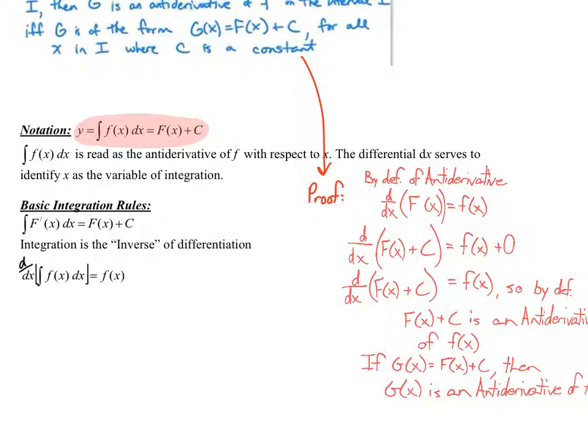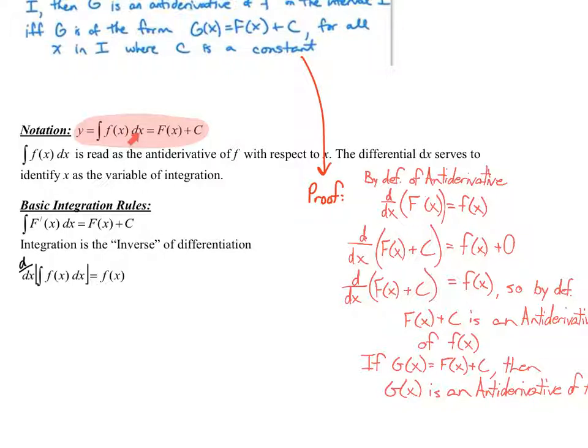Okay? Back to this. This symbol right here is actually an elongated capital S. They took a capital S and then they stretched it out, because actually this has to do with sums, which we'll see in the near future. So that notation is the notation for antiderivative, and as I'm reading it, it's the antiderivative of this function f of x with respect to x.